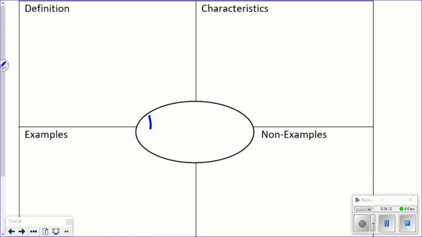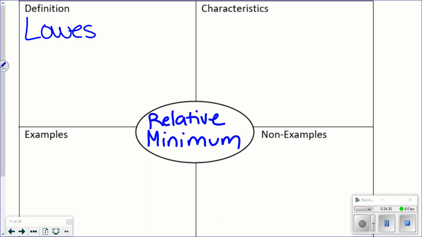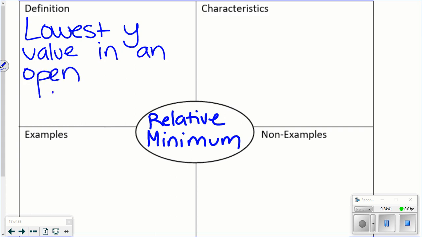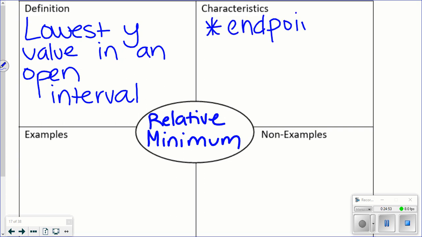Okay, relative minimum. This would be the lowest y value in an open interval. Again, remember it can't be an endpoint, or your endpoints are not included.